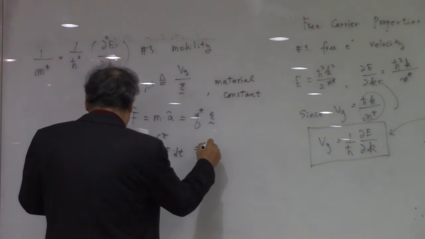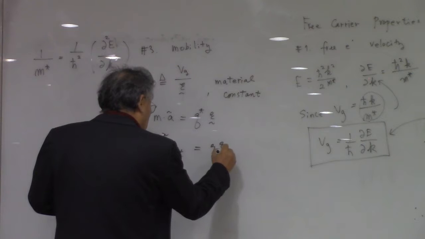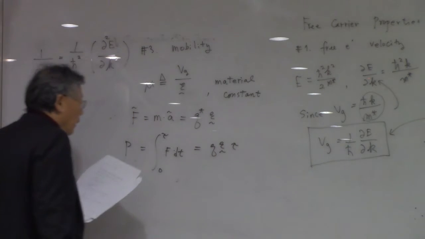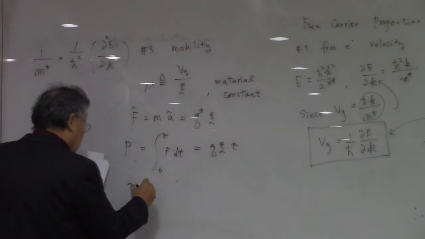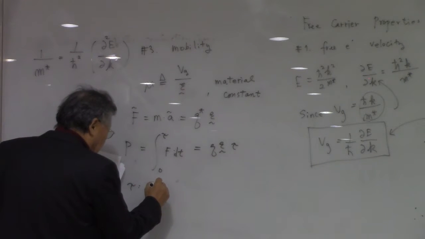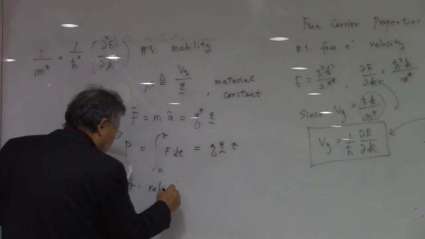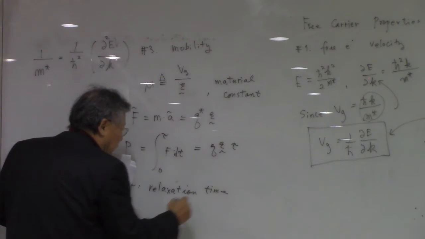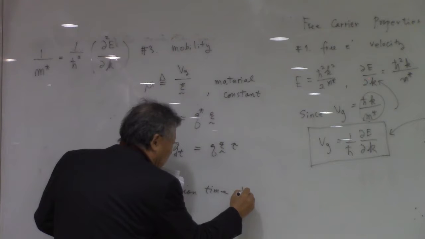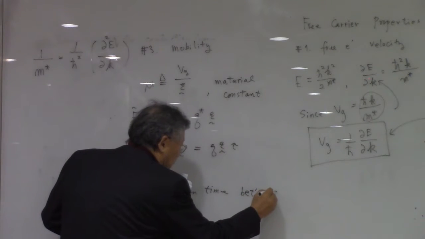That is going to be qE tau. Here, tau is the relaxation time between scattering.